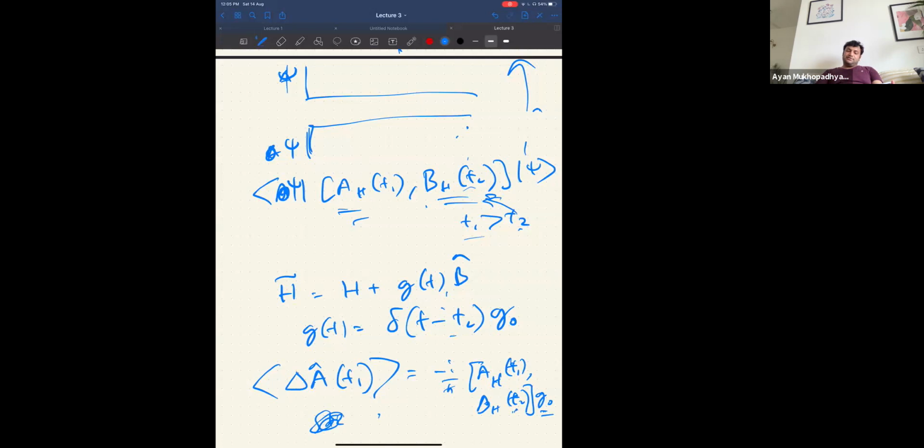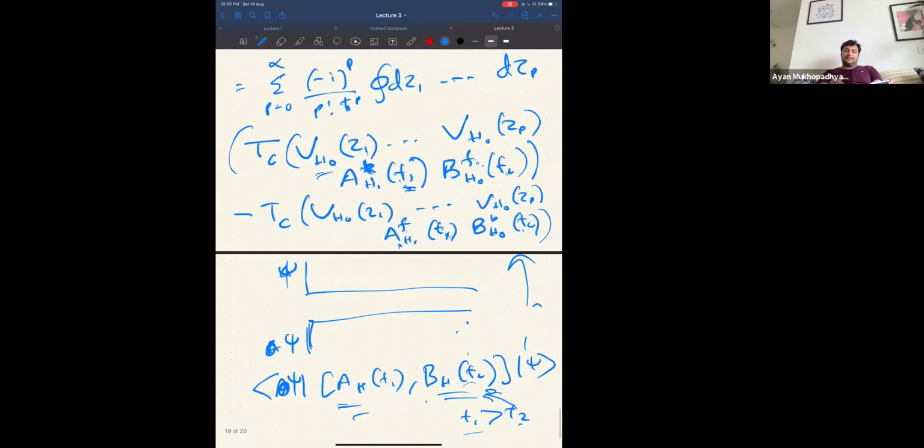So this commutator is the response of the measurement of A at time t1 when I perturb the original Hamiltonian, not the h naught, but h itself with this. But if I want to compute this, I cannot compute it in terms of h. I can only compute it in terms of h naught. So this becomes a perturbation series like that.